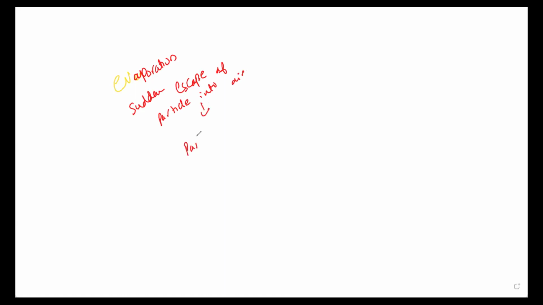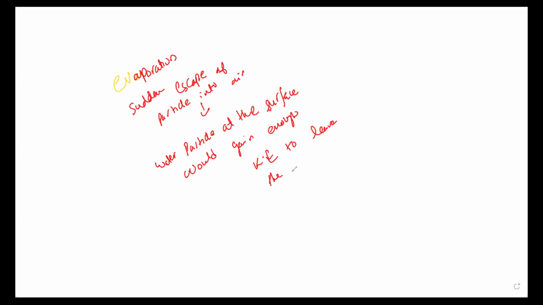Because the water particles or liquid particles at the surface would gain enough kinetic energy to leave the surface, leaving behind low energy particles.